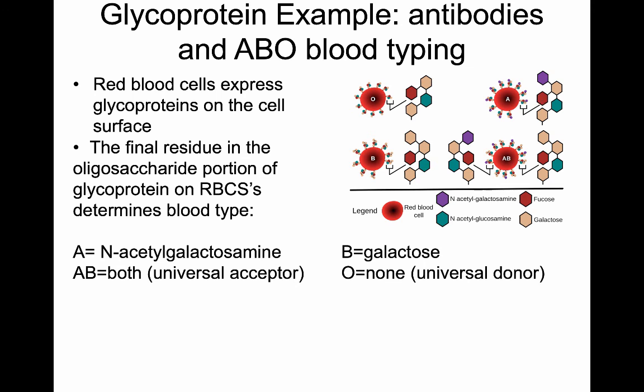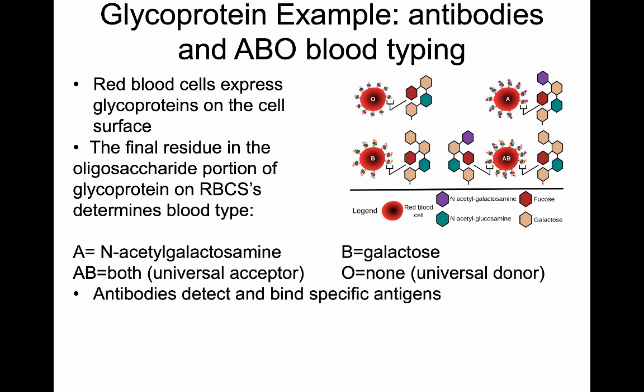If you have B blood type, then you have galactose as the final sugar. If you have AB, then you have both N-acetylgalactosamine and galactose. And if you are O, that means you have neither N-acetylgalactosamine nor galactose as the final residue on the sugar. If you're AB, you're considered a universal acceptor, and if you're O, then you're considered a universal donor.